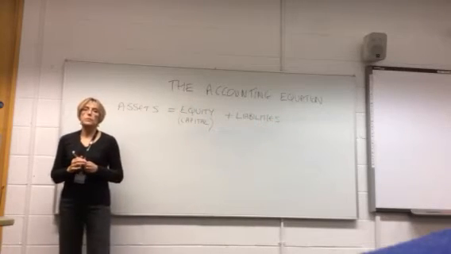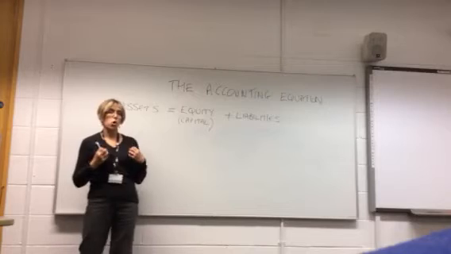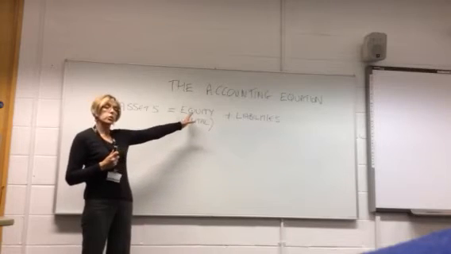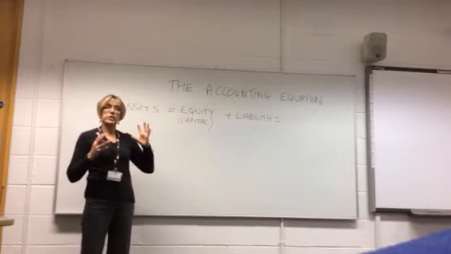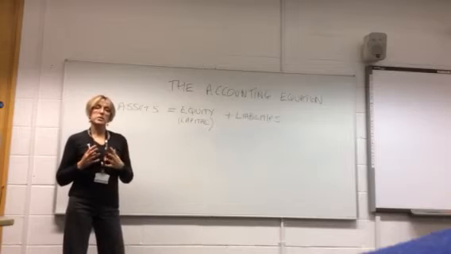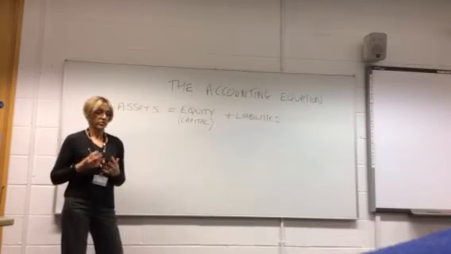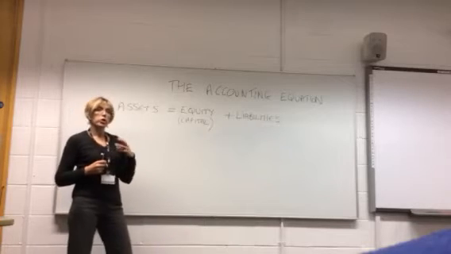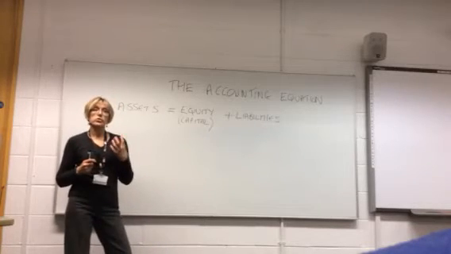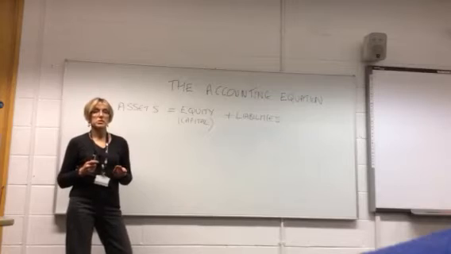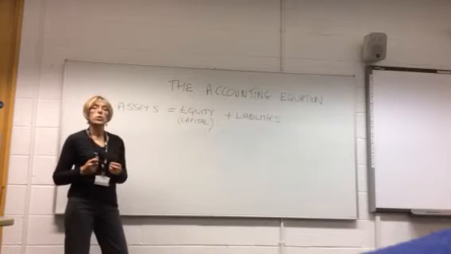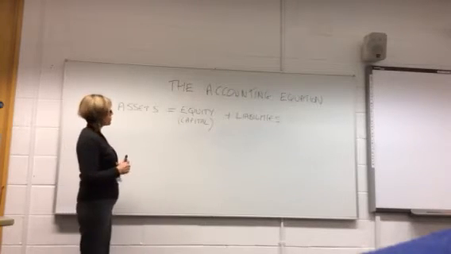And equity and liabilities are claims on the business. Equity, or capital, is claims on the business by the business owners. And that could be shareholders, if it's a company, or it could be the owner of a small sole trader business, and we call that owner's capital.